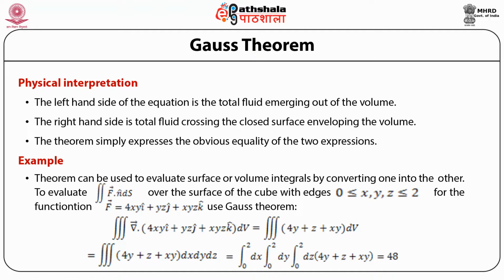So the volume integral of del dot (4xy i cap plus yz j cap plus xyz k cap) dv equals the volume integral of (4y plus z plus xy) dv, which further equals the integral from 0 to 2 dx, the integral from 0 to 2 dy and the integral from 0 to 2 dz of (4y plus z plus xy), which equals 48.